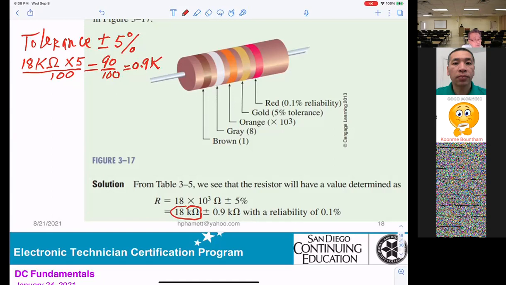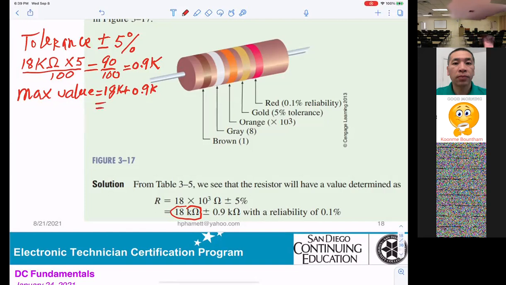Now we have to calculate the maximum value and the minimum value. The maximum equals 18K plus 0.9. That's given to you: 18K plus minus 0.9.